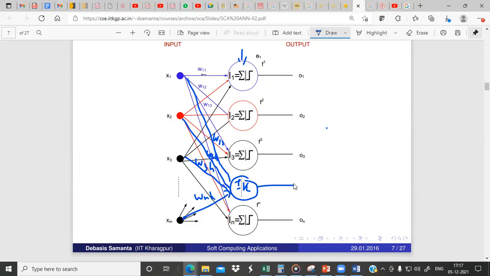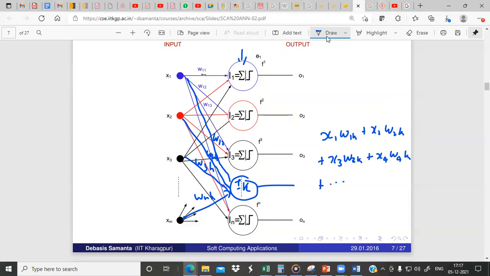So the output produced at this layer will be what? The input also you have to take. So it is a weighted sum, right? It is X1 into W1K plus X2 into W2K plus X3 into W3K plus X4 into W4K, and so on.